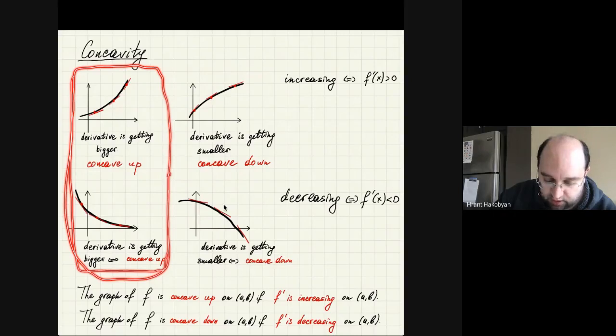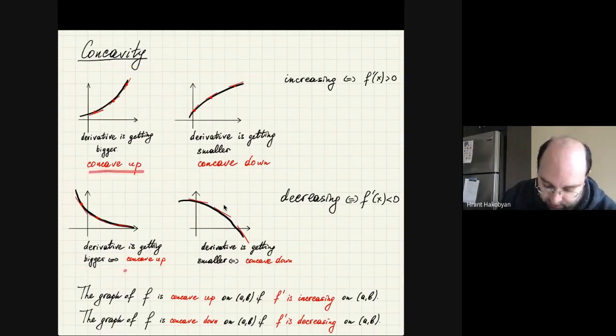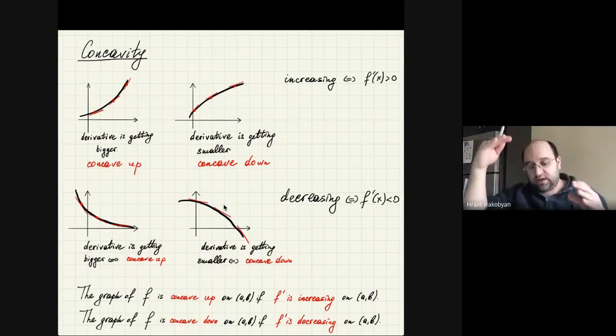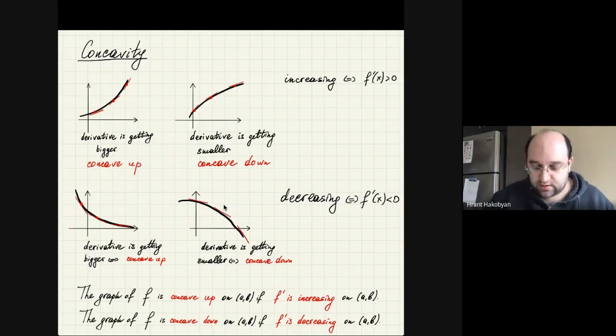They're bending up, right? So they're both concave up. And these ones in the second column are both bending down. That's what's called concave down. So concave down means bending down, and concave up means bending up.